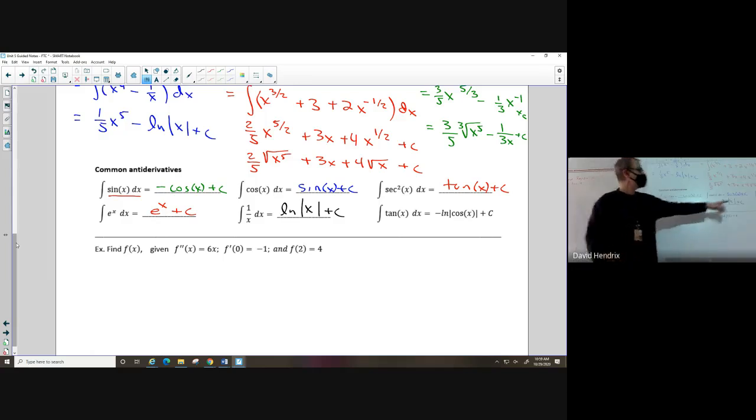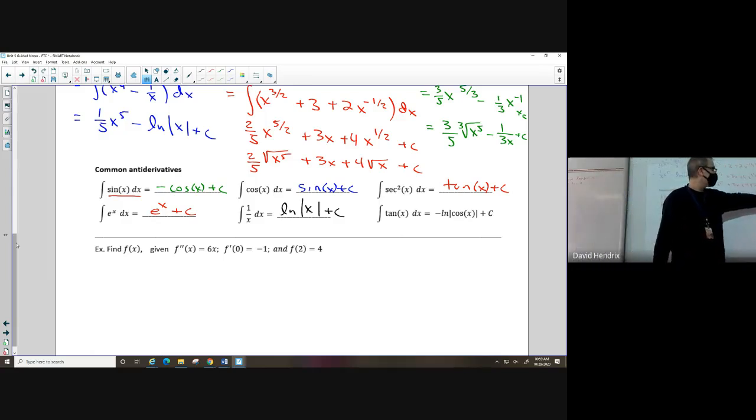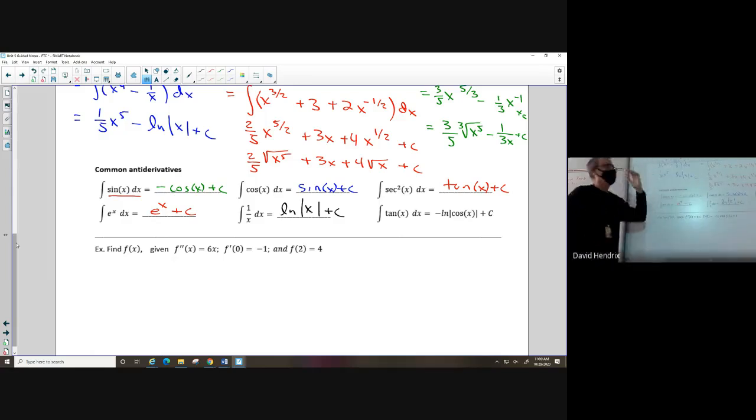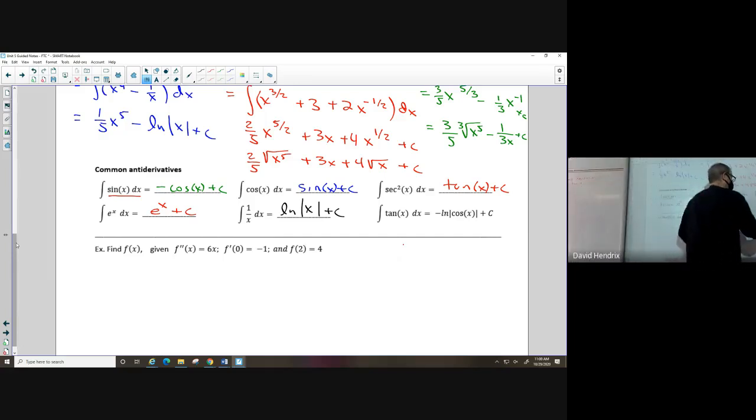Why do you think its antiderivative is negative natural log the absolute value of cosine of x plus c? Because it's 1 over cosine. So 1 over cosine times what? Times the derivative of the inside function, which is what? Negative sine.